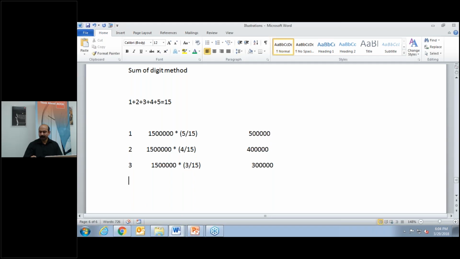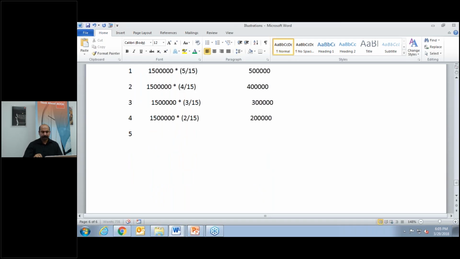Then in year 4, 2, which will give us 200,000. And then in the last year, the 5th, we will make it 1, and this will give us 100,000. I hope it should be clear.